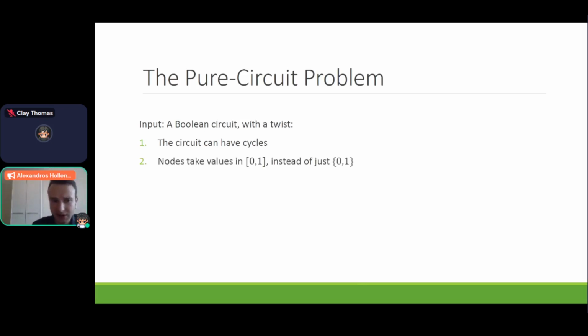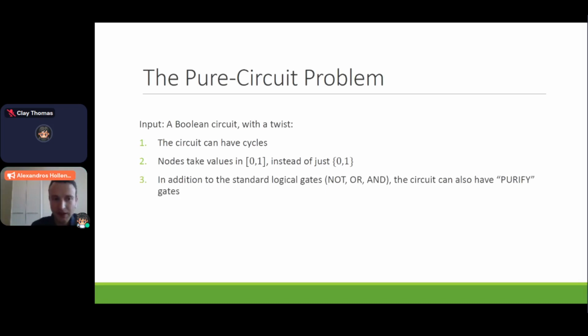The second twist is that the nodes in the circuit can take values between 0 and 1, any value between 0 and 1, not just the values 0 and 1 that usually represent true and false. You actually allow all the continuous values between 0 and 1. And the third twist is that in addition to the standard logical gates that you would find in a standard Boolean circuit, namely NOT, OR, AND gates, you also have a new kind of gate, which is the PURIFY gate.